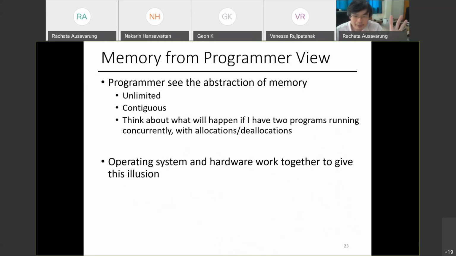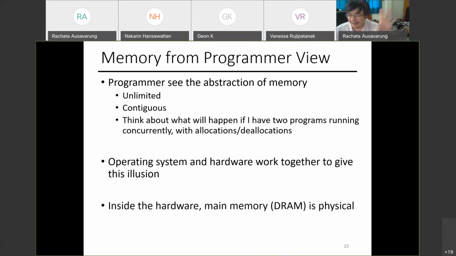A really quick look at how the operating system and hardware work together to give you this illusion. And inside the hardware, be aware that this is a physical DRAM. So somehow, once you hit DRAM, your virtual address would have to become a physical address. So there has to be something going on inside.